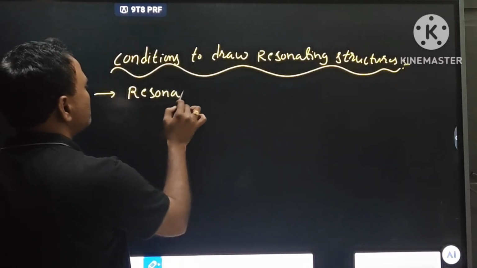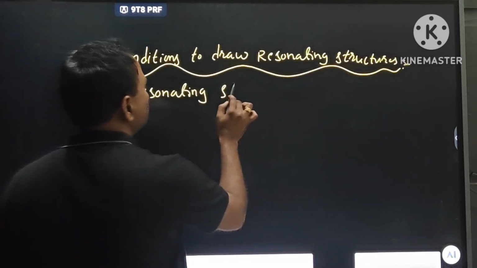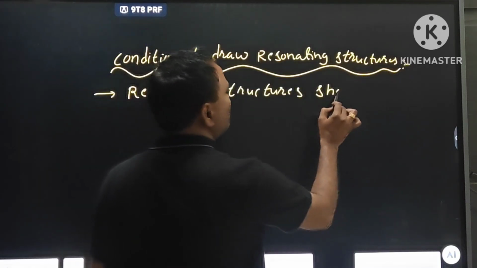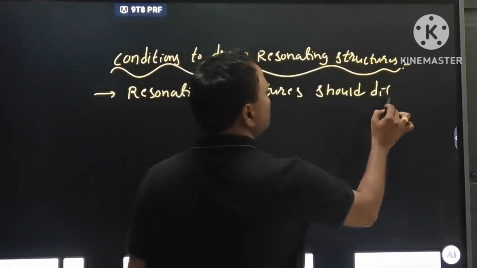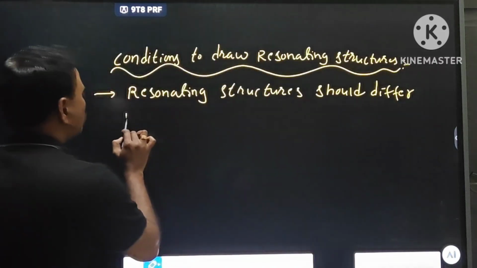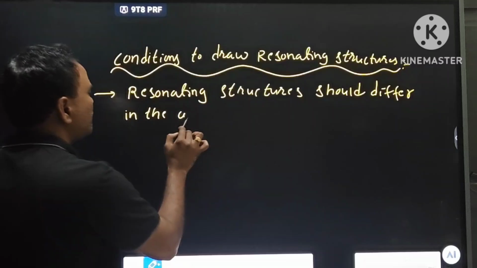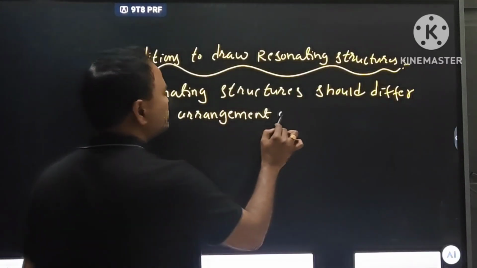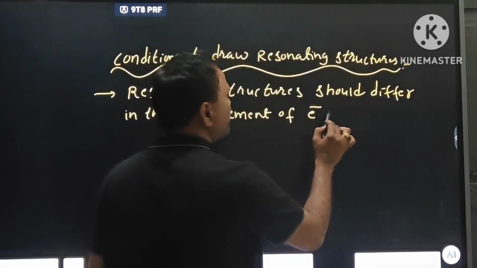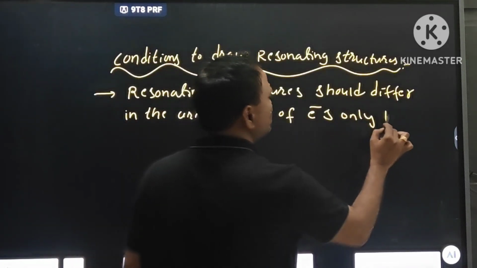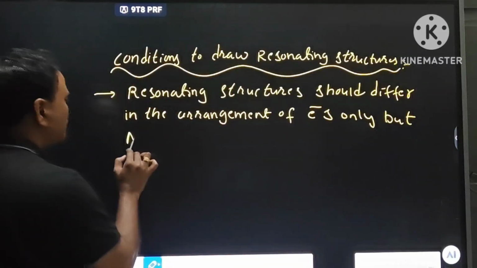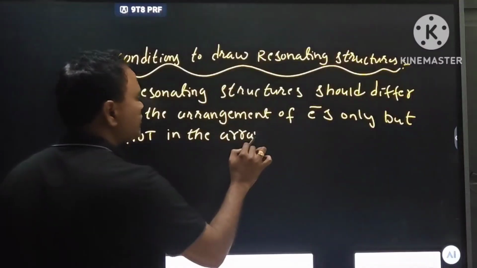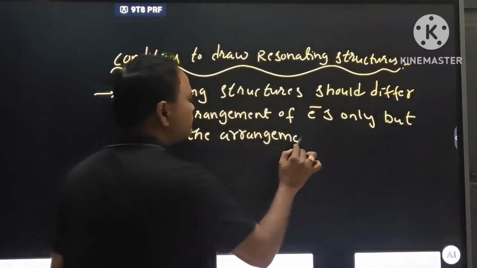The resonating structures should differ in the arrangement of electrons only, but not in the arrangement of atoms.